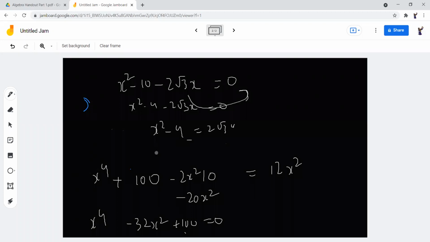So what it becomes now is x power 4: I'm squaring on both sides. x power 4 plus 16 minus 8x square equals 12x square. I get x power 4 minus 20x square plus 16 equals 0.